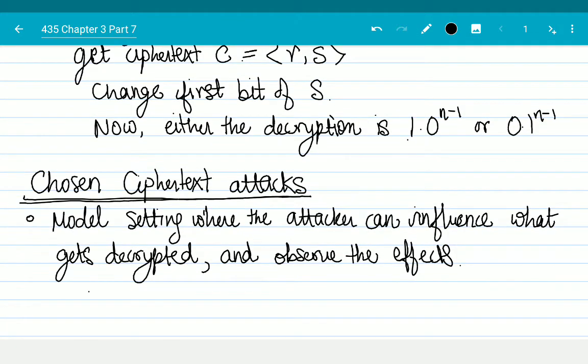The question then becomes, how do you model such a thing properly?